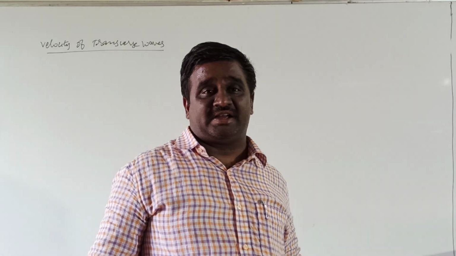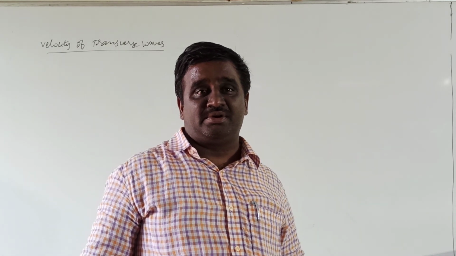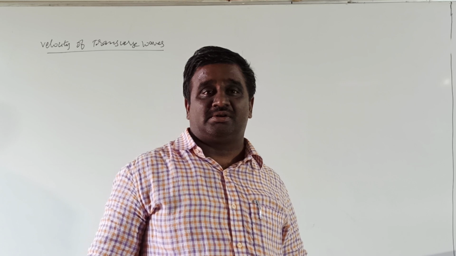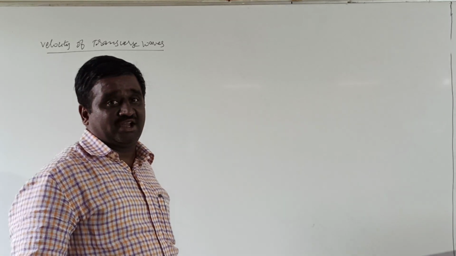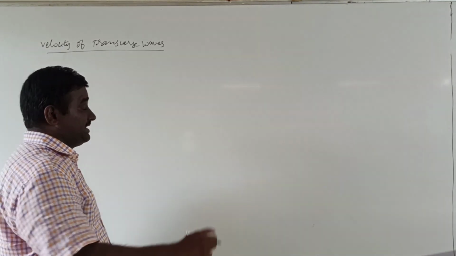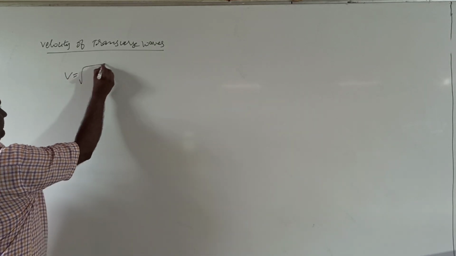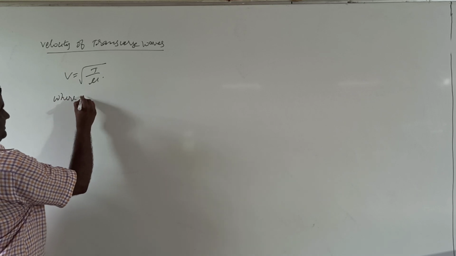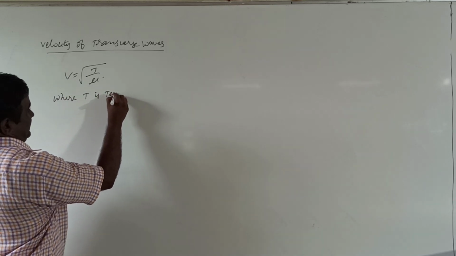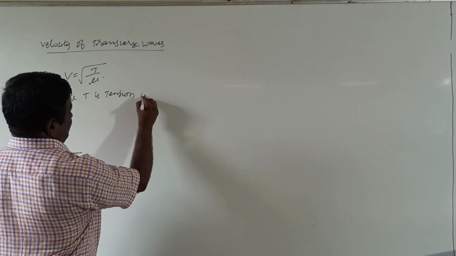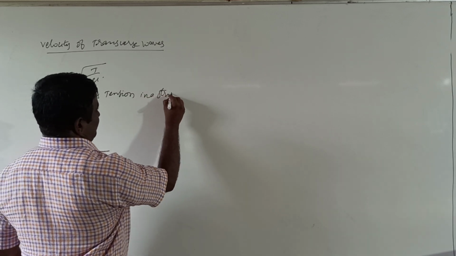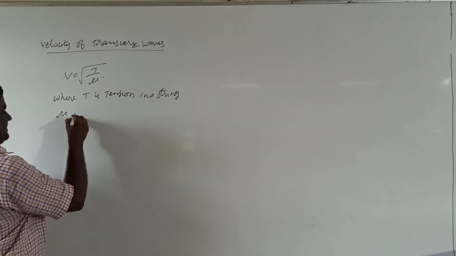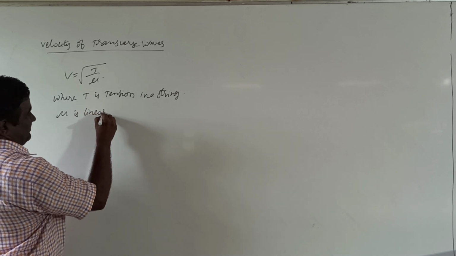Consider a string of length L and linear density mu, stretched with a load m. Then the velocity of the transverse wave in the string is v equal to root over T by mu, where T is the tension in the string, and mu is the linear density.